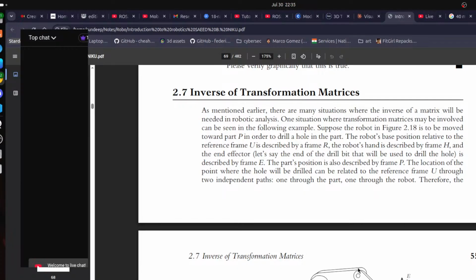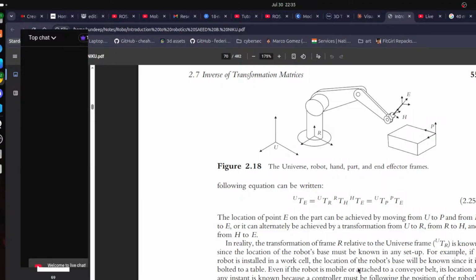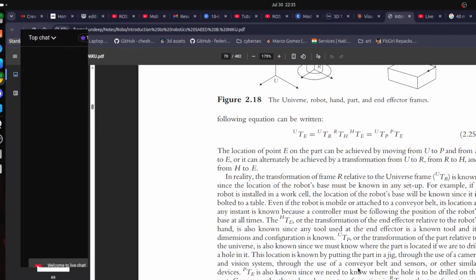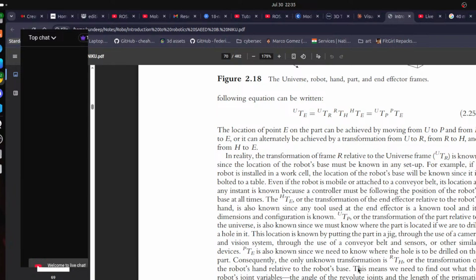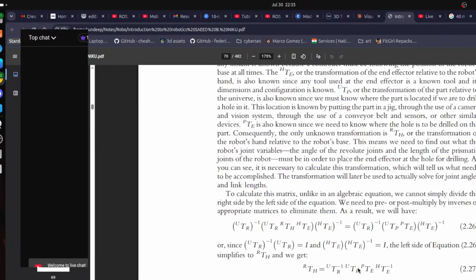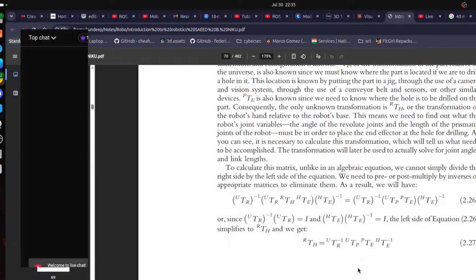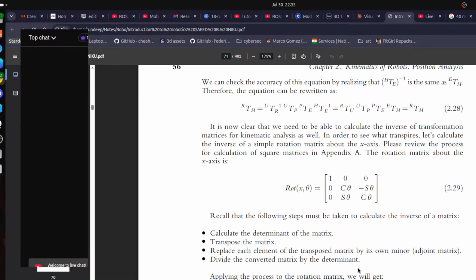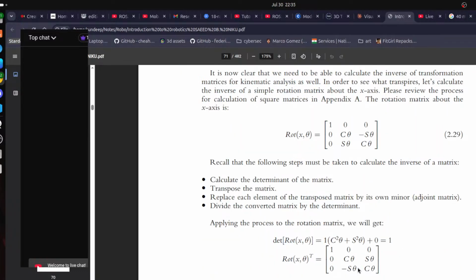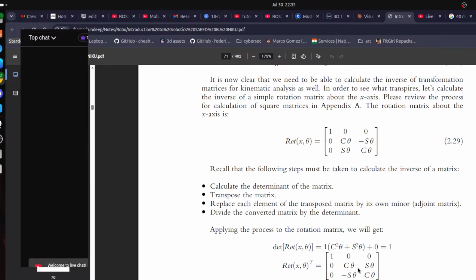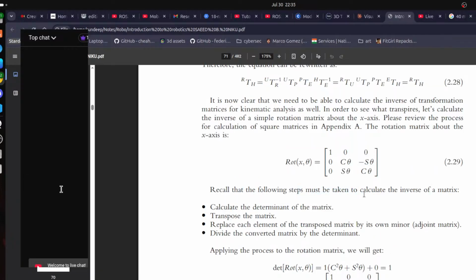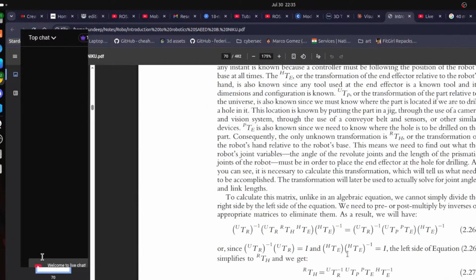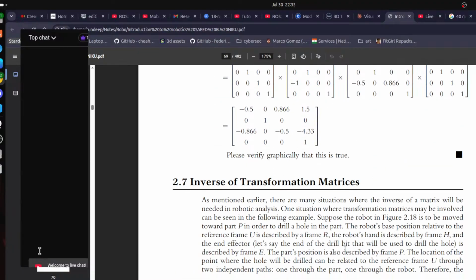Inverse of transformation matrices. I haven't read too much around this part that thoroughly, so it might be an issue. No, it's not related to inverse kinematics at all.